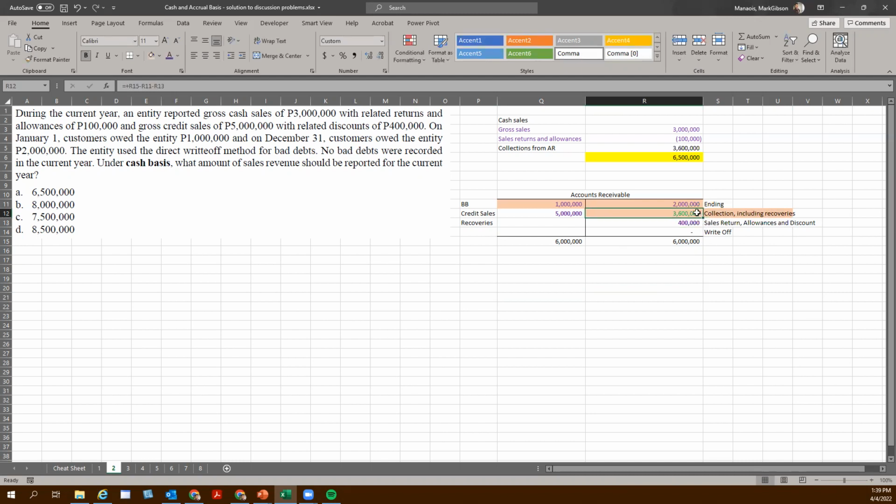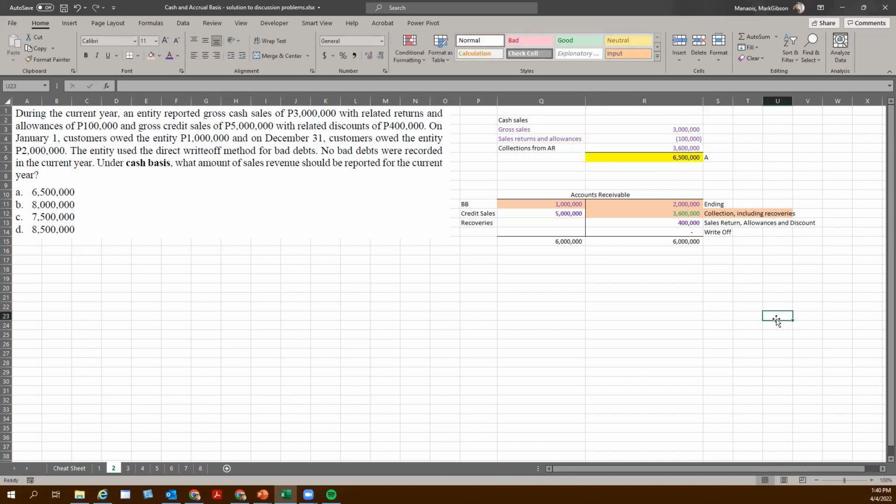Notice, we have 3.6 collection here. So we have to include that as part of our cash sales. So that's 3.6. So we now have complete the items that we need. So just get the sum. So that will be 6.5 million or letter A.